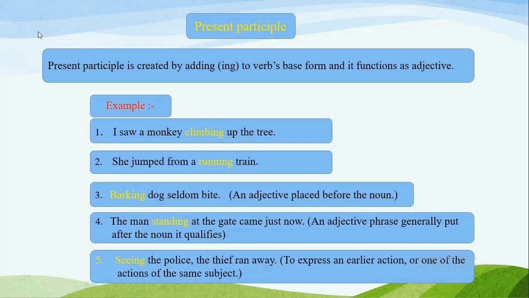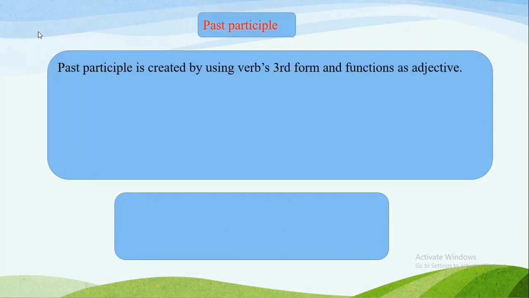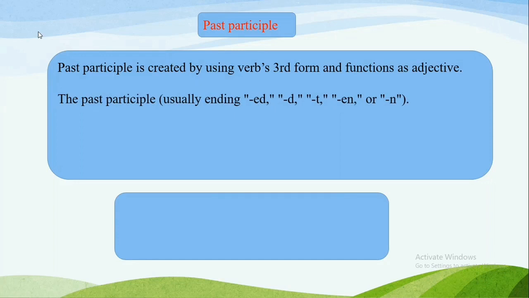Now let's look into past participle. Past participle is created by using the verb's third form and functions as an adjective. The past participle usually ends in ed, d, t, en or n.